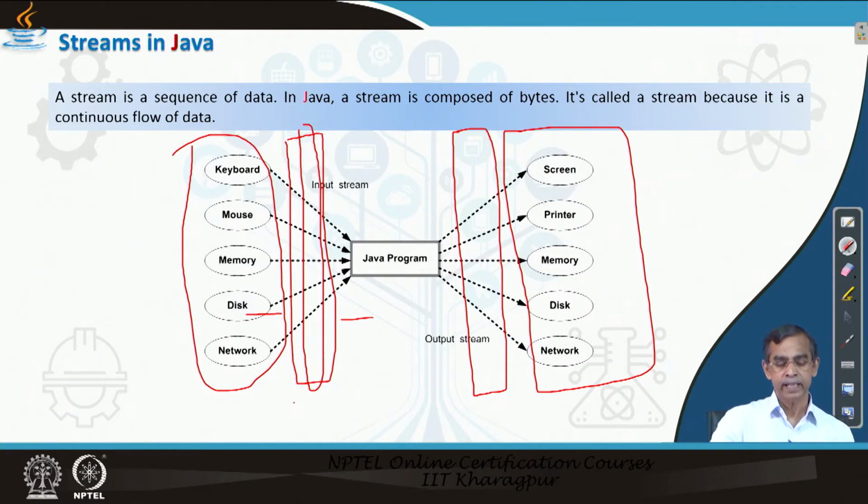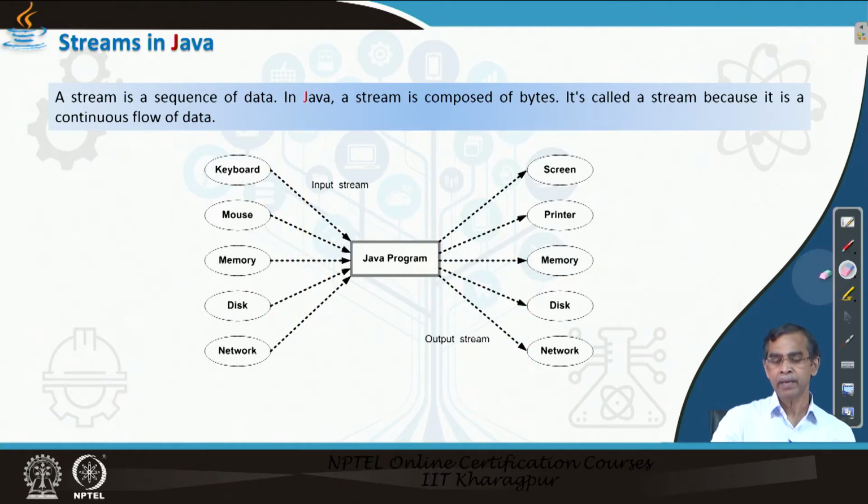So, there are two streams, input stream and output stream, so that your program can read data from an input source and write data to an output destination perfectly. So java.io provides this stream concept in two forms, the byte stream and character stream, to facilitate this mechanism.